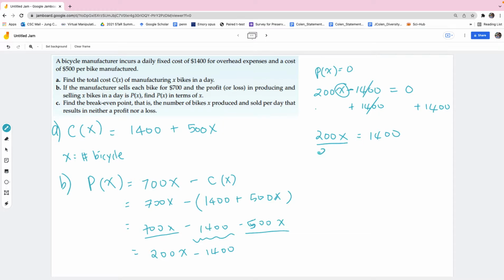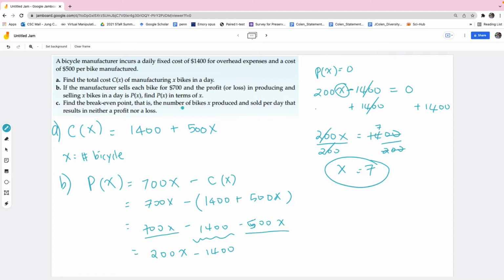Divide both sides by 200, then 200 divided by 200 is 1, 1 times x is x. And here I'm going to divide numerator and denominator by 0 first, and then divide both by 2. So I have 7.